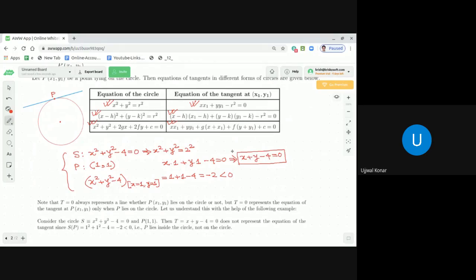The equation of the tangent is represented as T, and the equation of the circle is generally represented by S. This is a symbolic representation, and the example I have done here is explained by this statement.